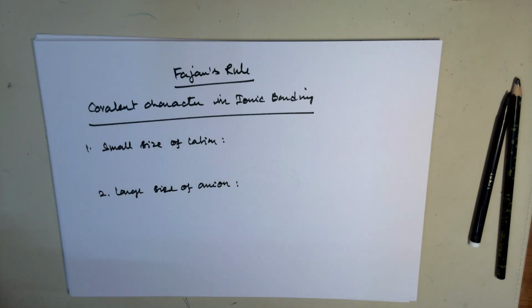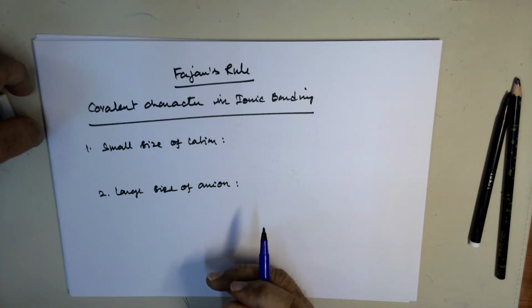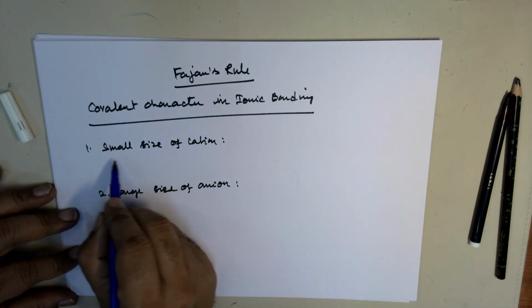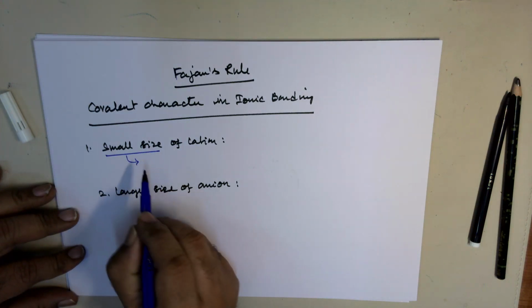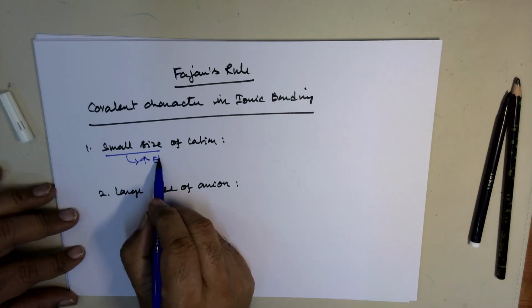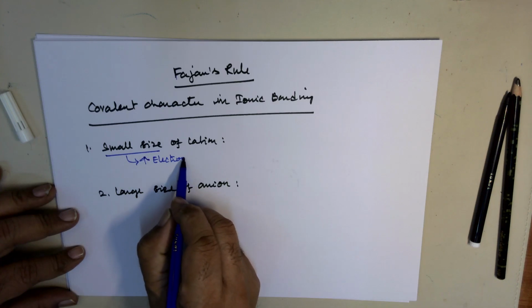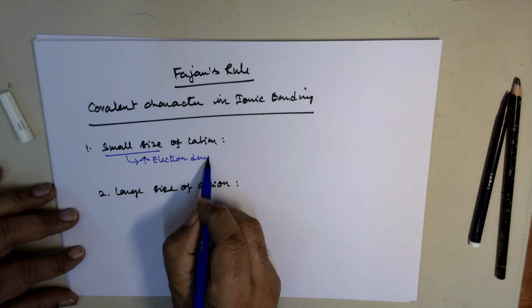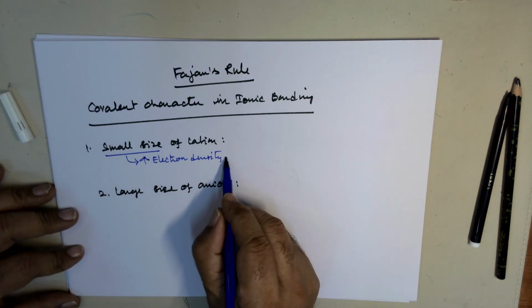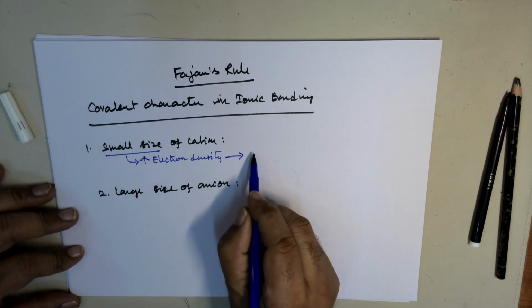Small size of cation means small sized cations, because of their high electron density. So the small size cations will have high electron density. So it causes to distort.